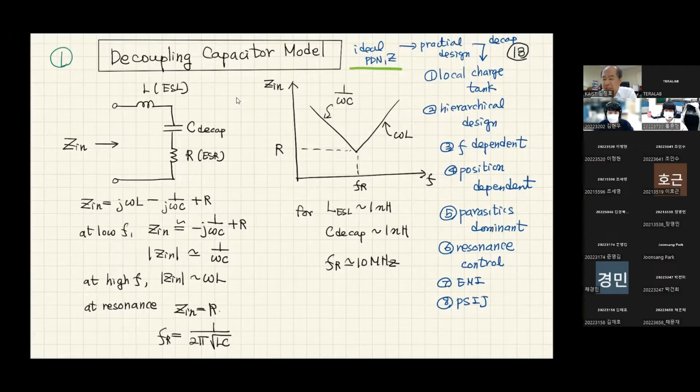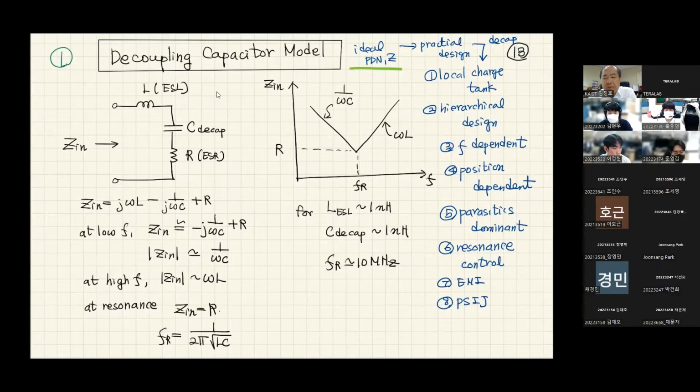However, in the PDN, power distribution network case of a digital system, the impedance should be extremely low, like a milliohm or micro-ohm range, and at very high frequencies, like gigahertz or 10 gigahertz range.